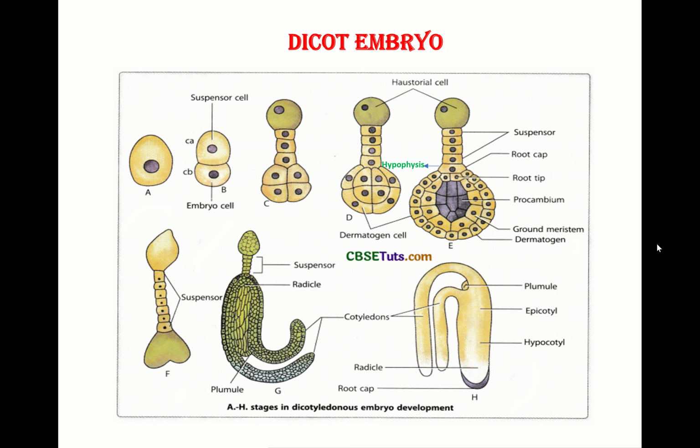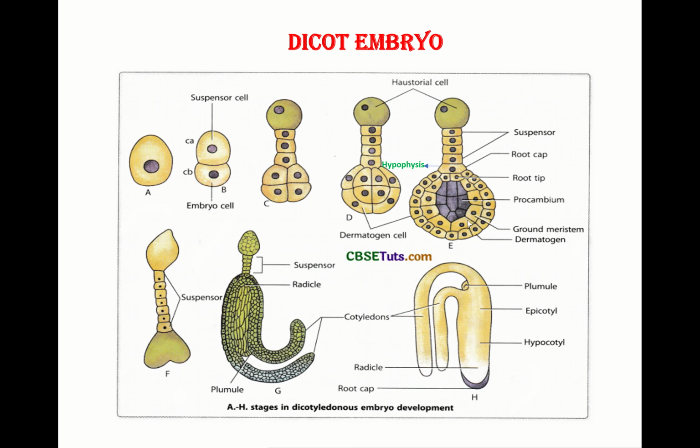So it has an outermost layer called the epidermis, and that is called the dermatogen, and the cortex portion is called the ground meristem, or also called the periblem, whereas the innermost portion is called the procambium, which gives rise to the vascular bundle, and it is called the plerome. So these three are distinct meristematic layers that you should remember.